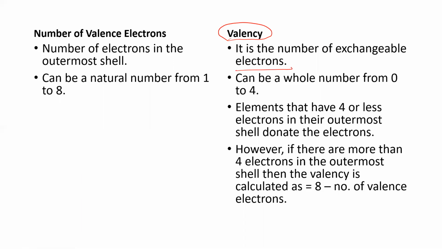The electrons are the rings being exchanged. So valency is a marriage between two atoms, particularly, say, a metal and a non-metal.